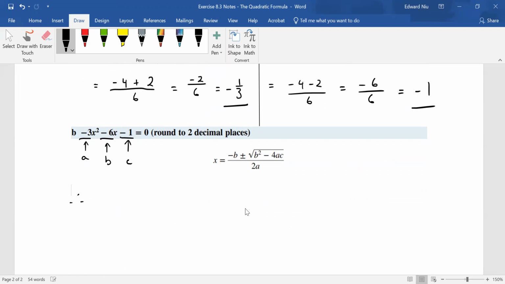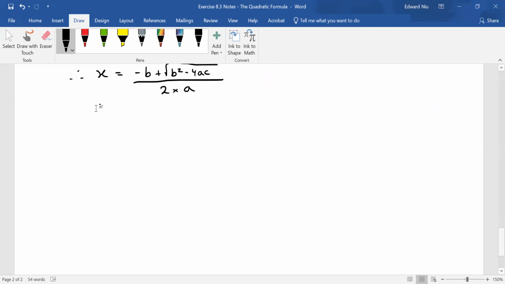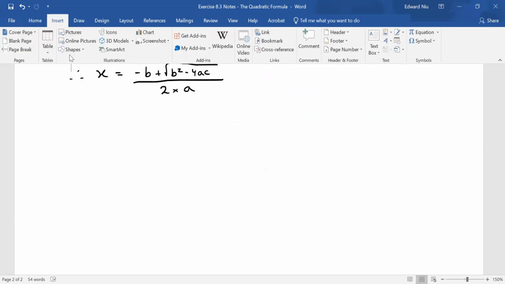So therefore, x equals negative b plus square root b squared take 4ac. Okay, remember we've got to do 1 with plus, 1 with minus, divided by 2 times a. Let me just insert another line.